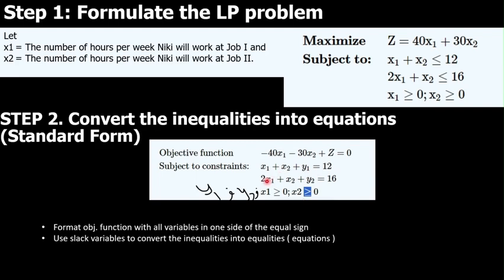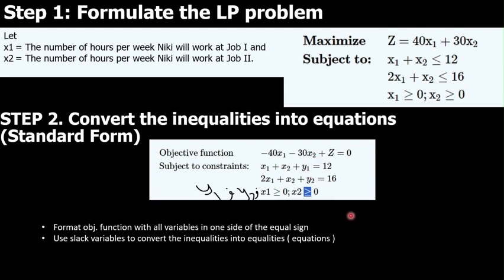In the same way, 2x1 plus x2 plus y2 equals 16. y2 represents the difference between the right-hand side, 16, and the sum of 2x1 plus x2. y1 and y2 are called slack variables. They represent the unused resources of the problem.